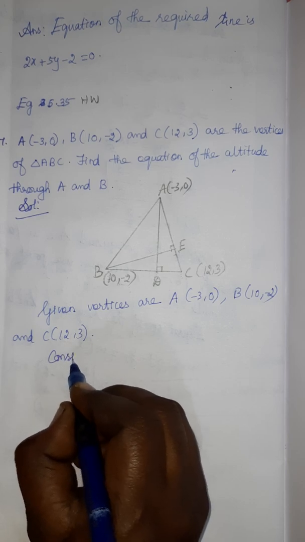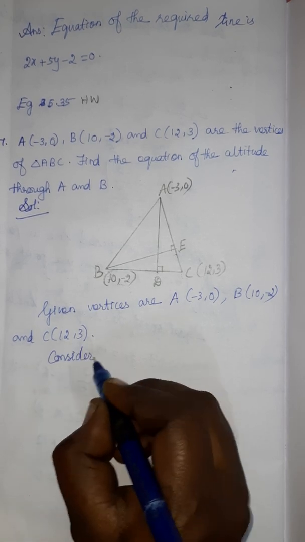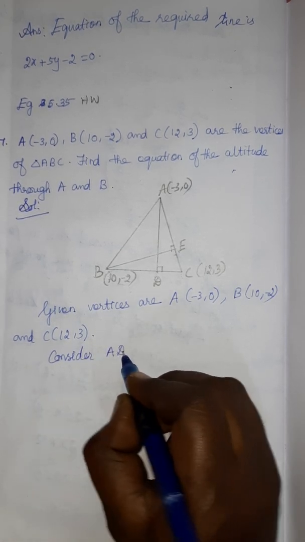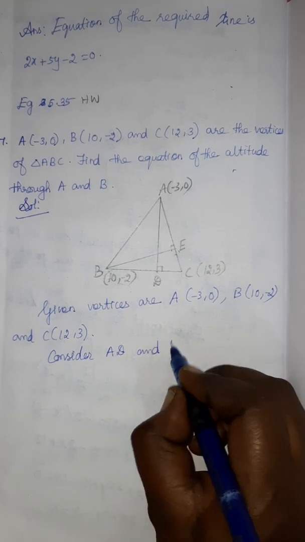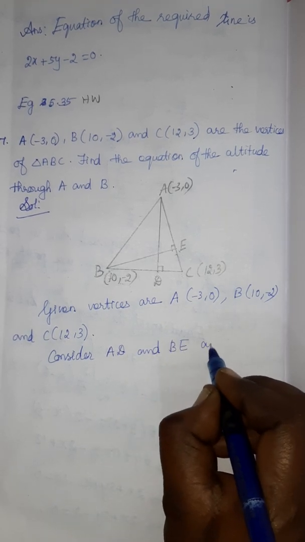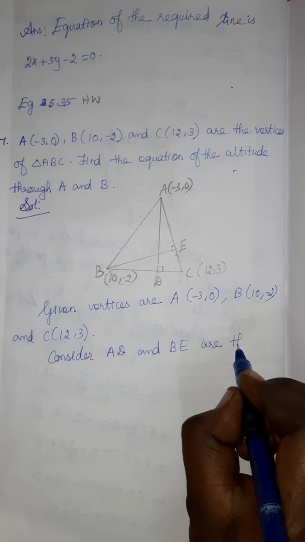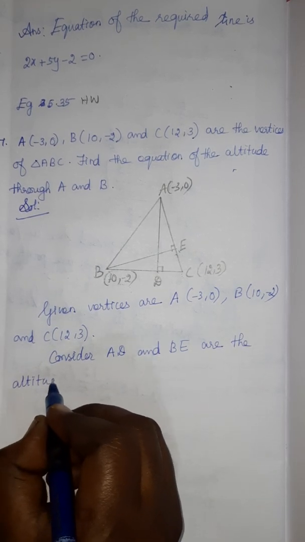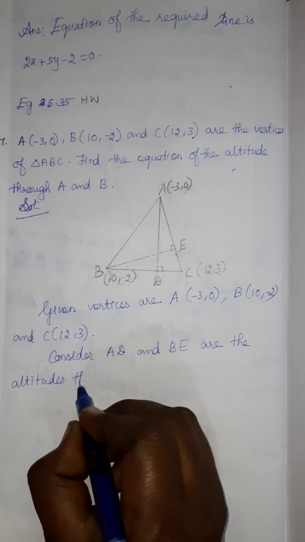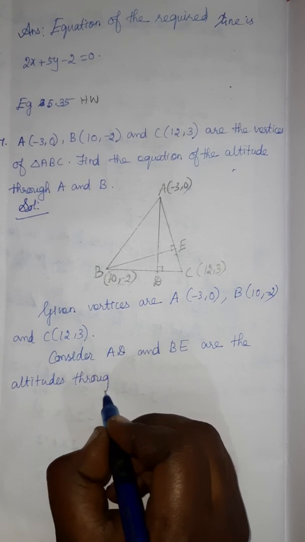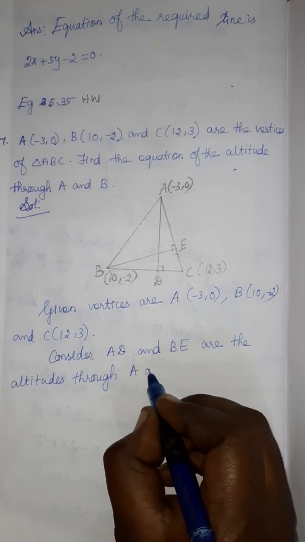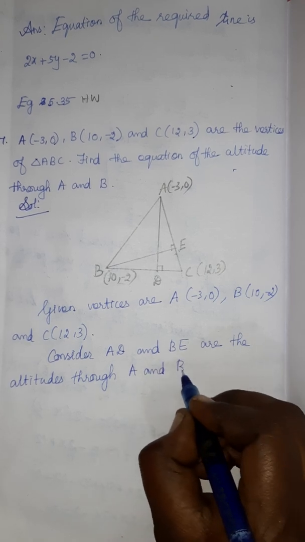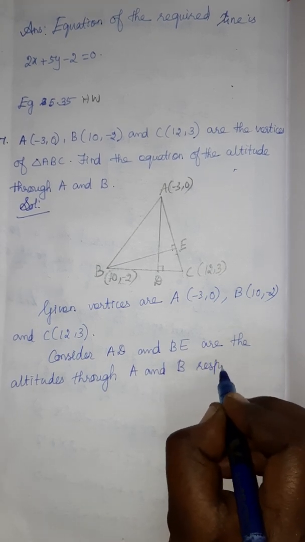Consider AD and BE are the altitudes through A and B respectively.